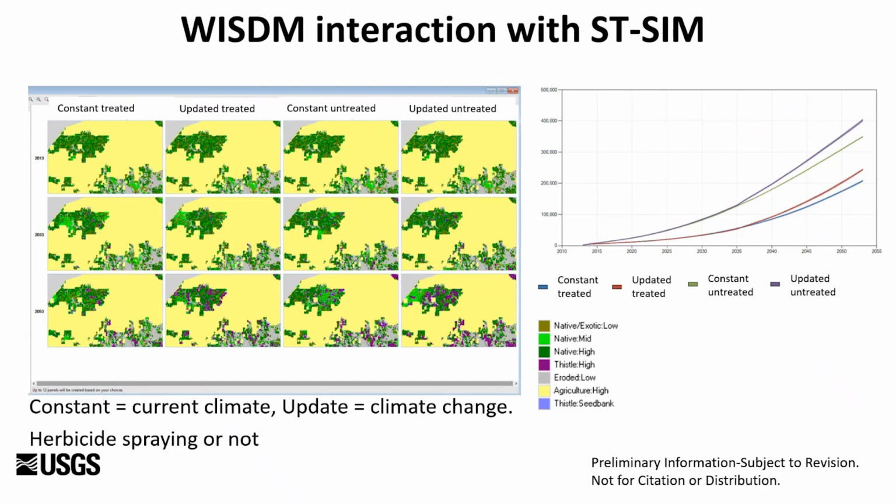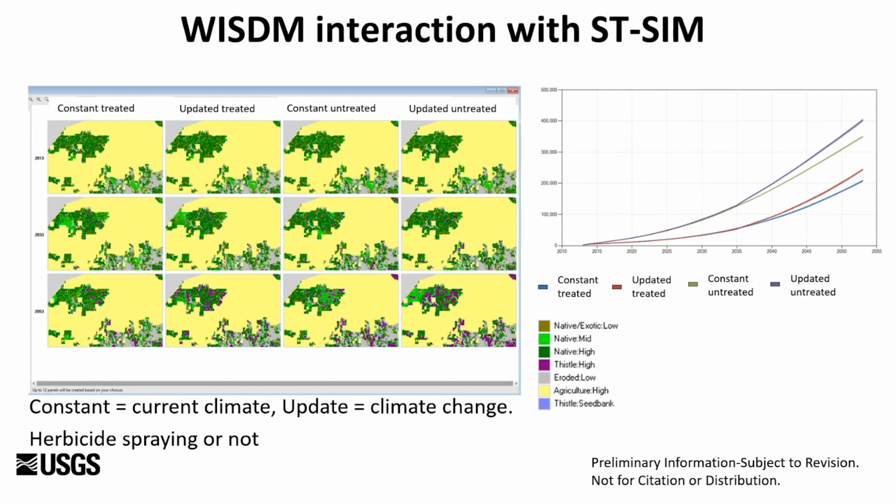And hopefully you can see it from where you are, but the purple color is where there's thistle on the landscape. If you compare the constant versus the updated, you can see that there's a lot more thistle on the landscape there, as well as over here. And the same thing is shown in the graph that's showing the amount of invaded area over time with those same sets of scenarios, again, with the updated scenarios having more thistle at the end of those runs.